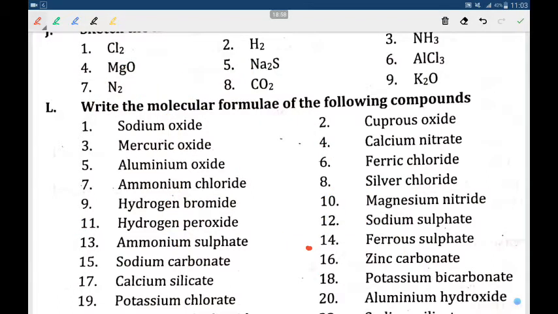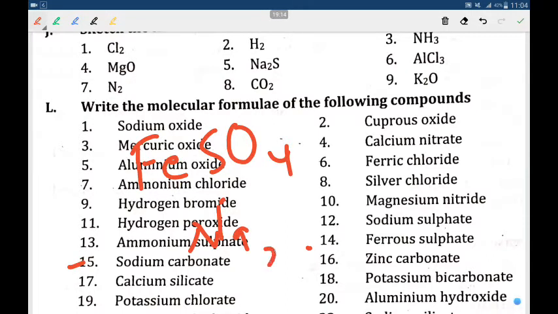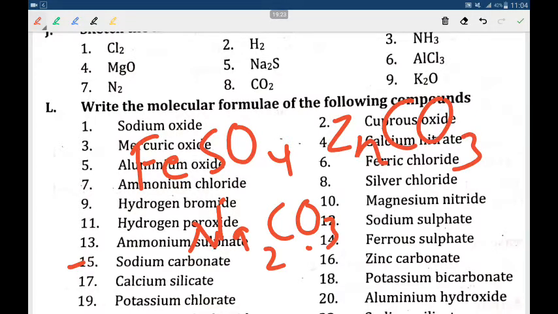Now ferrous sulfate, FeSO4. If the sulfate comes, Fe2(SO4)3, but ferrous sulfate is FeSO4. Sodium carbonate, Na2CO3. Sodium carbonate. ZnCO3, zinc carbonate. Calcium silicate, CaSiO3. This is clear.